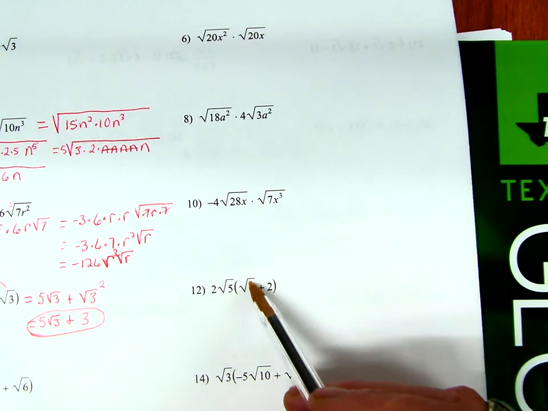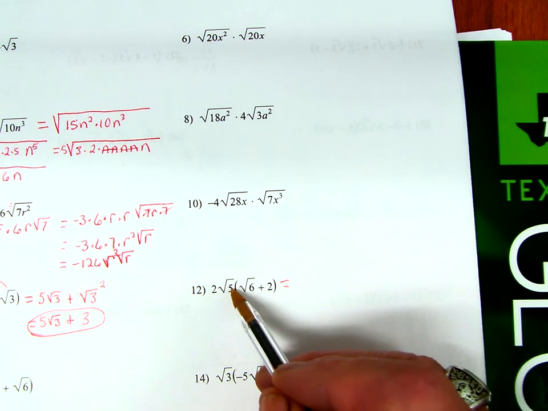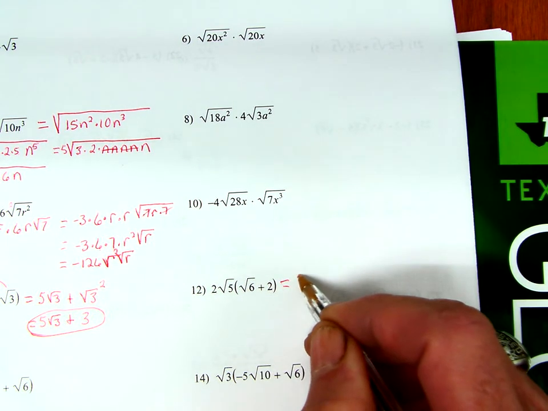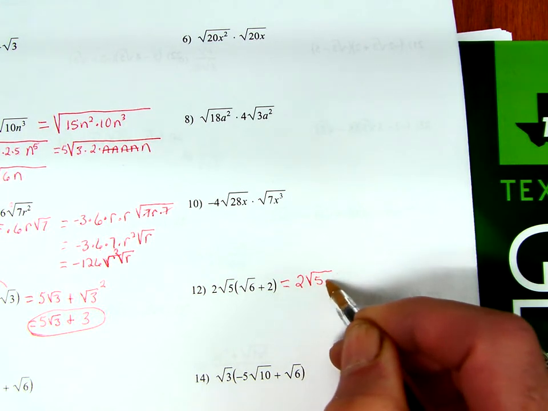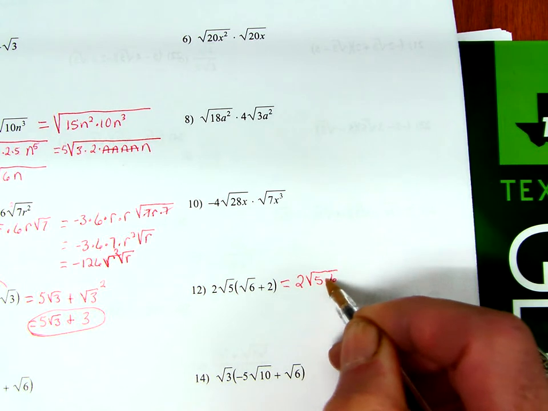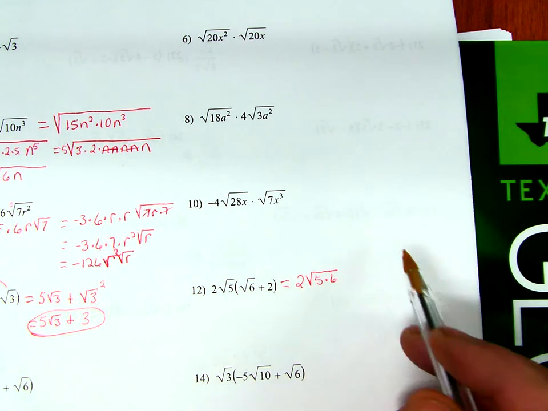Same sort of thing works here. 2 square roots of 5 times the square root of 6. That would equal 2 square root 5 times 6.